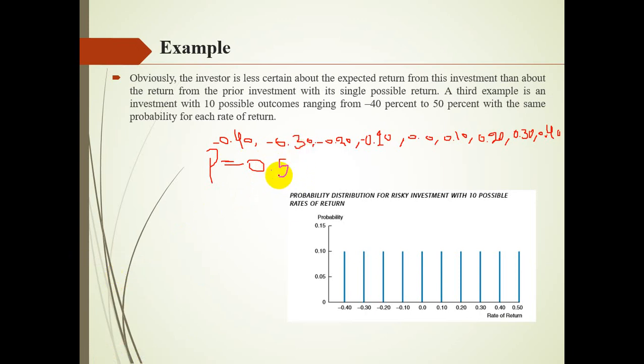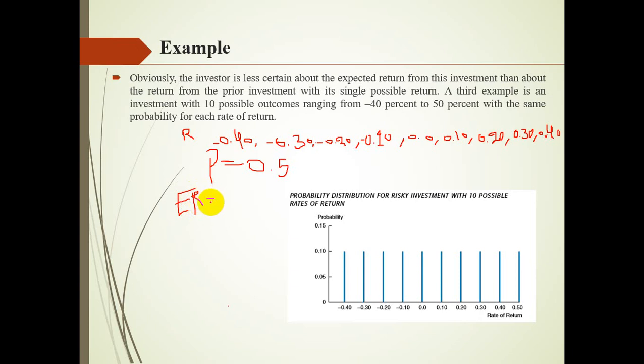This is the probability. So P is given to you, and based on those figures you will have these different returns, and based on these returns you will calculate the expected return. I hope it is easy.